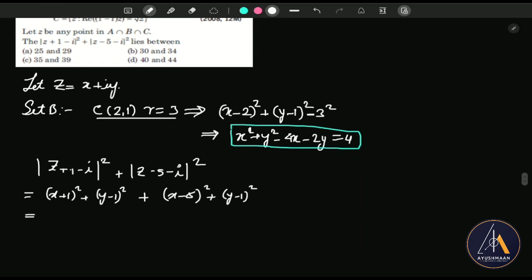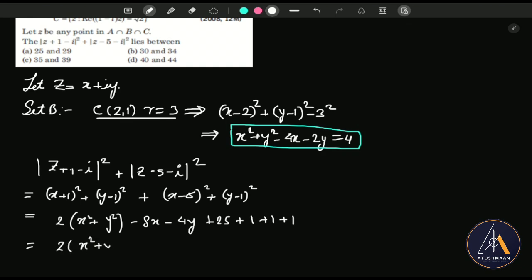If you open the bracket and simplify, it turns out to be 2 times x square plus y square minus 8x minus 4y plus 25 plus 1 and plus 1. So it is basically 2 times x square plus y square minus 4x minus 2y plus 26, 27 and 28.